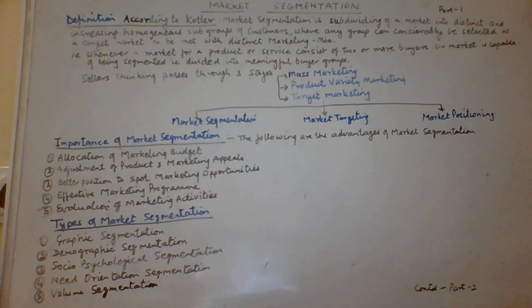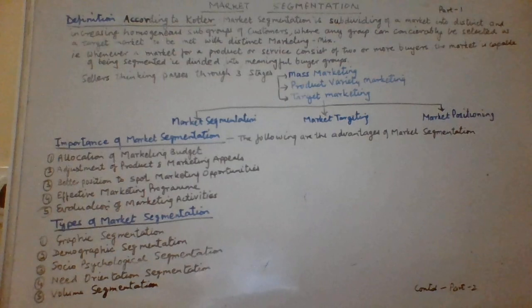Meaningful buyer groups: here the marketing manager will collect the data, will collect the information, and will focus on this buyer group, which we mean to say a target market. Now, from the point of view of the marketing manager, the person who intends to sell the product, the seller's thinking passes through three stages.